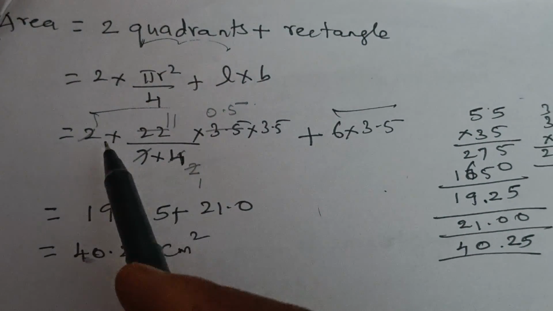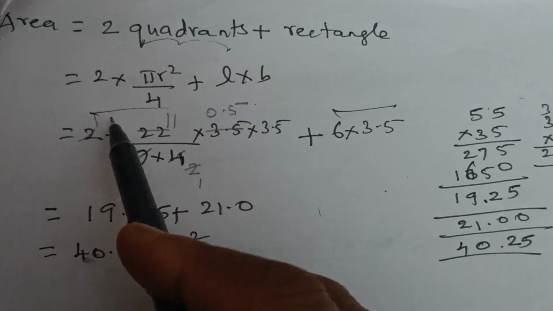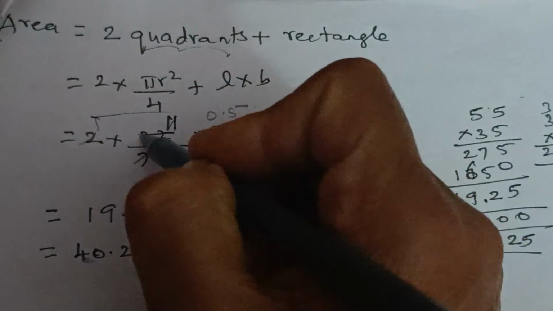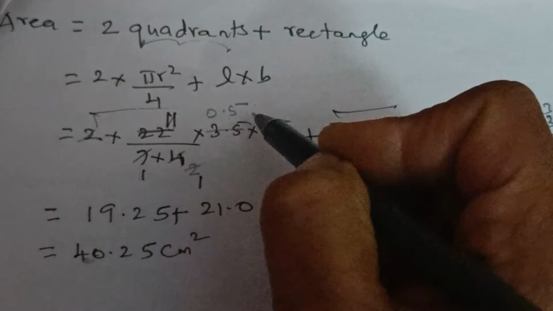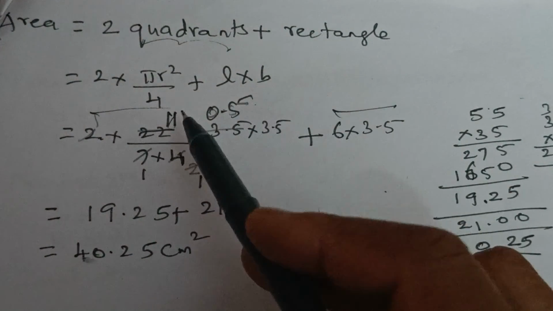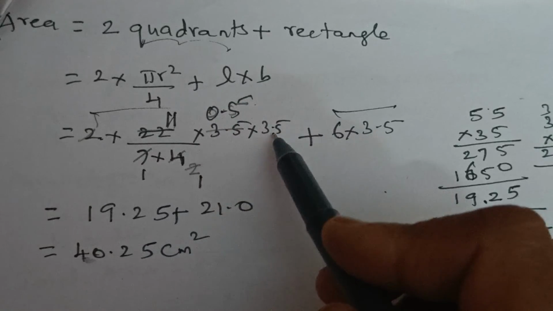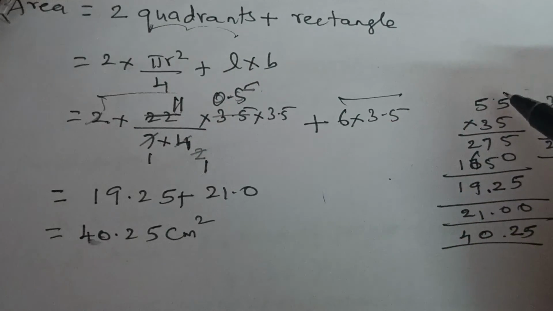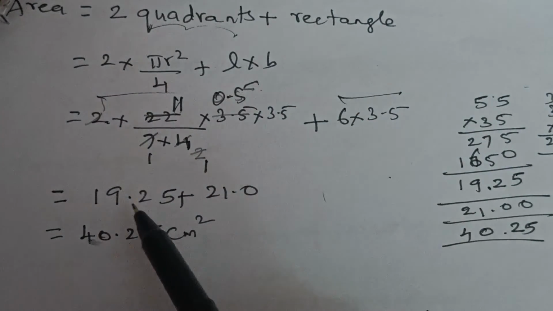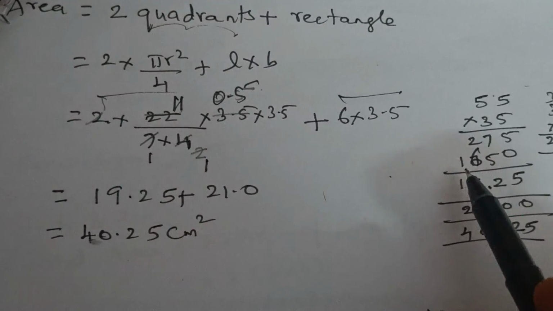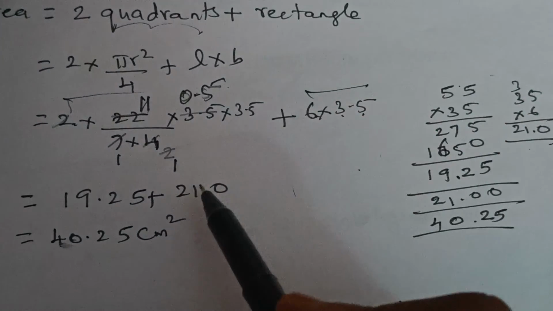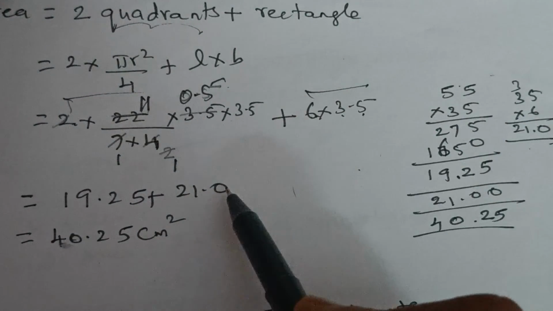So here we cancel 2 and 4, 2 ones are 2, 2 twos are 4, and 2 and 22, 2 ones are 2, 2 elevens are 22, then 7 and 3.5, 7 ones are 7, here we get 0.5. That's all, we have cancelled everything. Now we are left with 11 into 0.5 into 3.5. 11 5s are 55, 55 into 35 you multiply, then after 2 digits keep a point, so you get 19.25, plus 6 into 3.5. 6 into 3.5 is 21.0, that is 21.